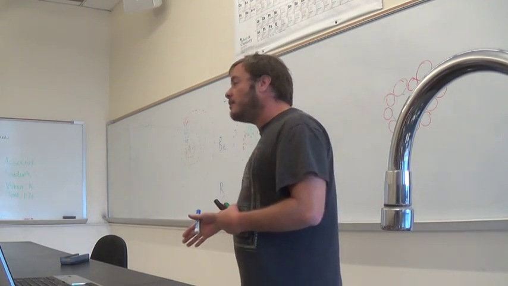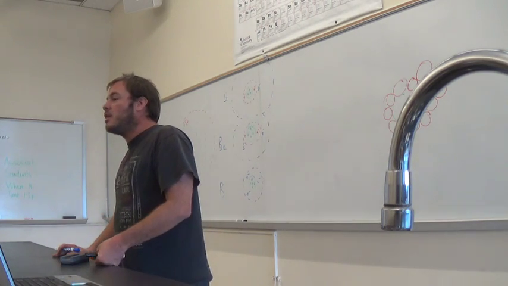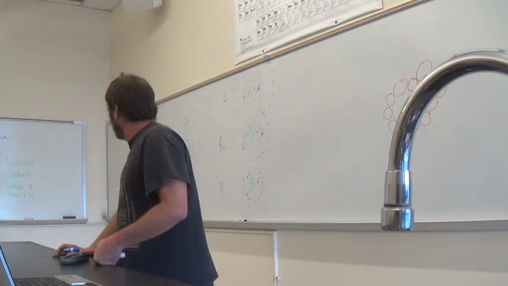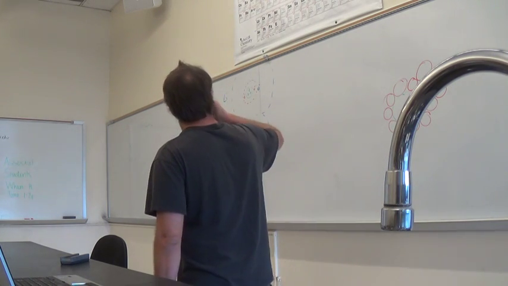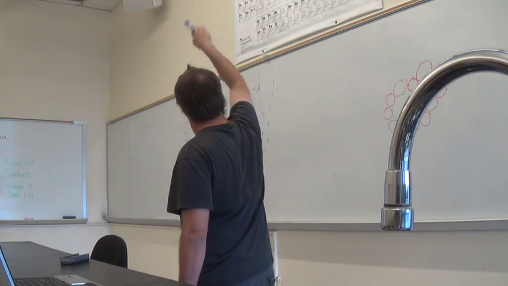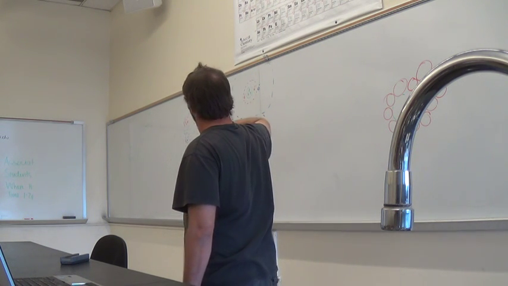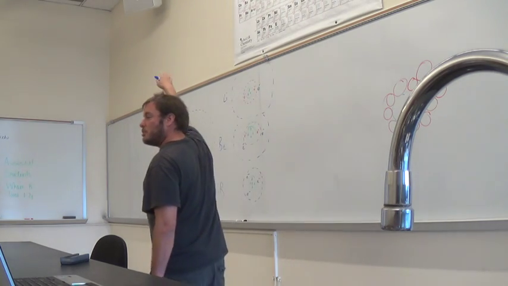Now that explains the difference between metallic and non-metallic behavior. If you look up in a Gen Chem textbook, they're going to tell you the metals are the first two columns, or not the alkaline earth metals, they get special names. They're going to tell you that metals are on the left-hand side of the table.